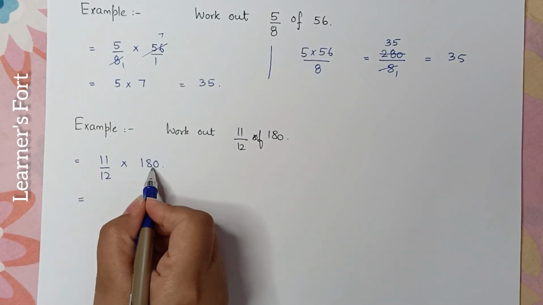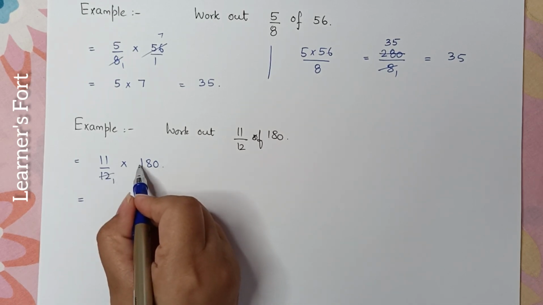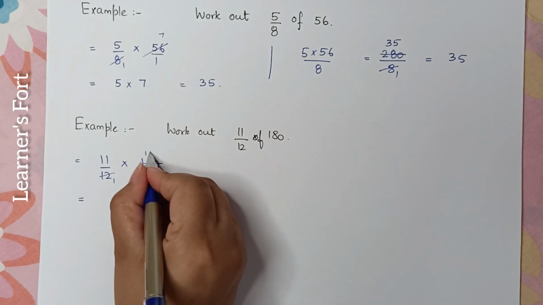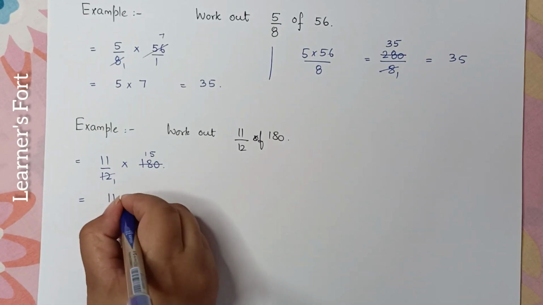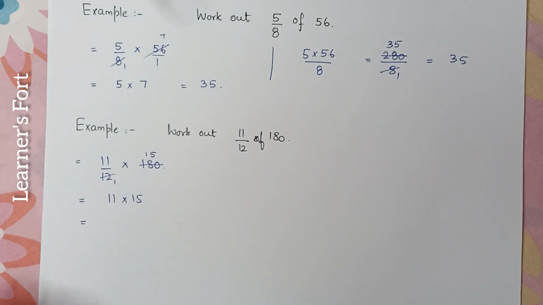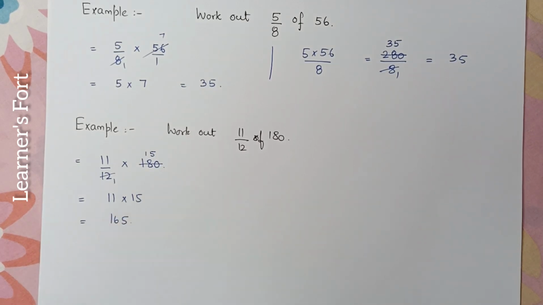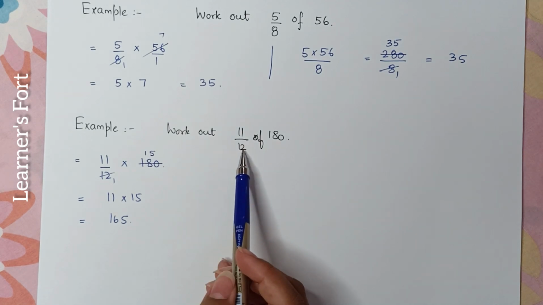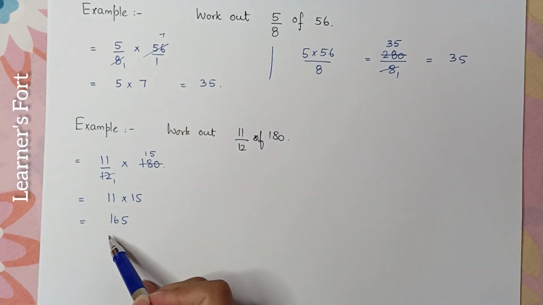Now 180 is divisible by 12. 12 ones are 12. 12 fifteen times is 180. So what are we left with? 11 upon 15, I mean 11 multiplied by 15. When we multiply 15 with 11, we will get 165. So the 11 upon 12th part of 180 is 165.